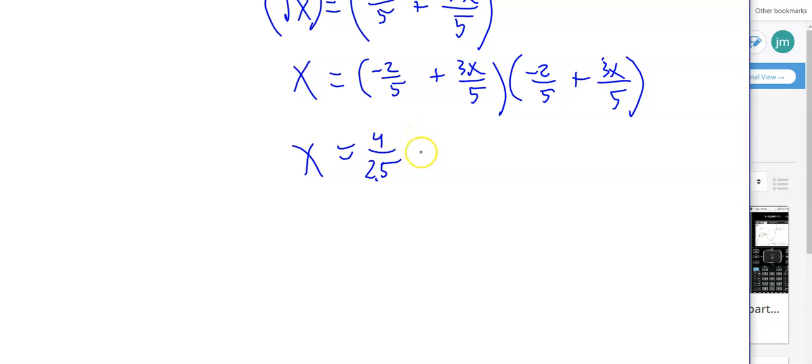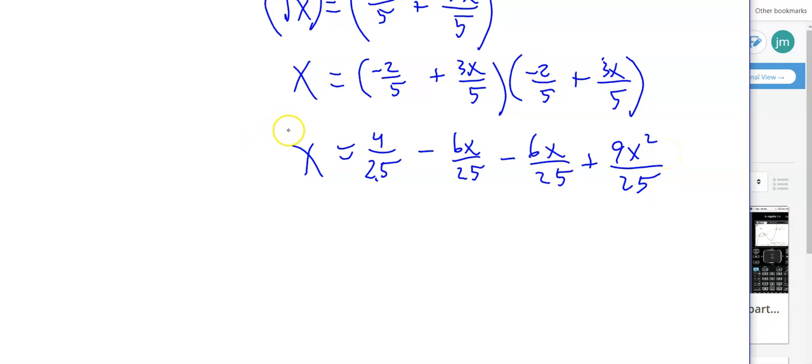Outside would be minus 6x over 25. Inside would be minus 6x over 25. And last would be, so let's see, 9, so plus 9x squared over 25.